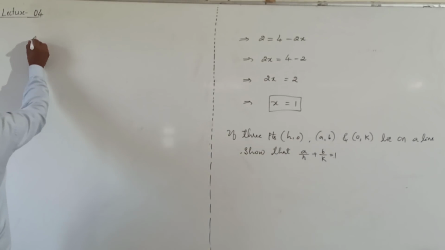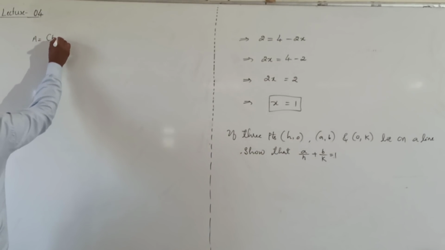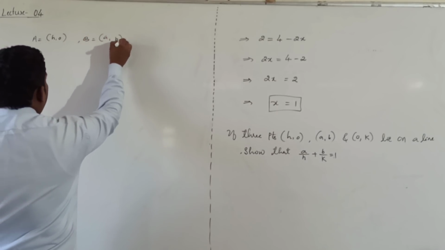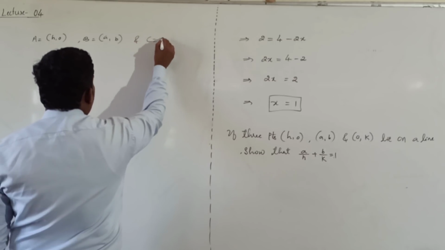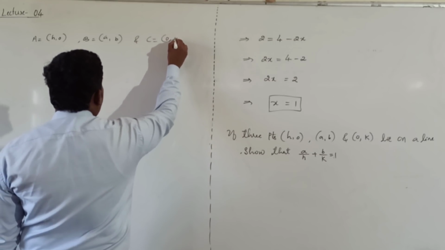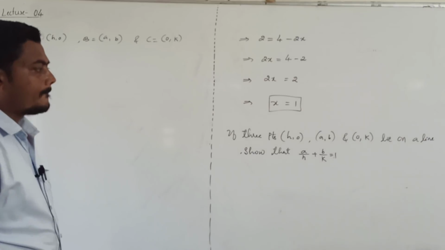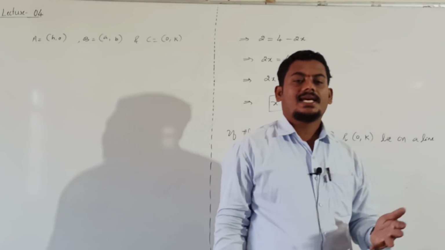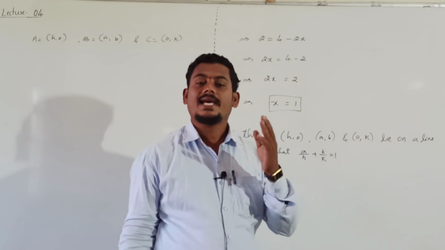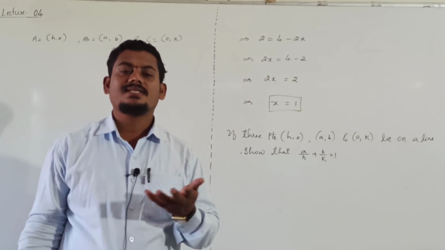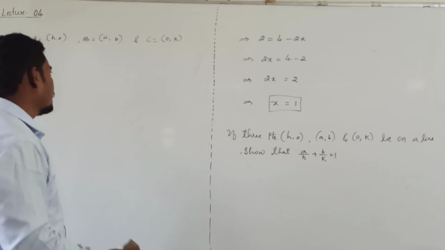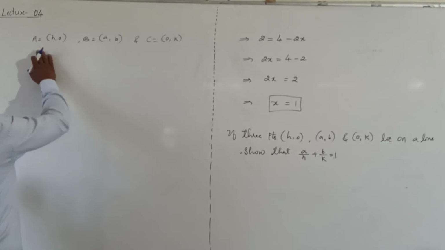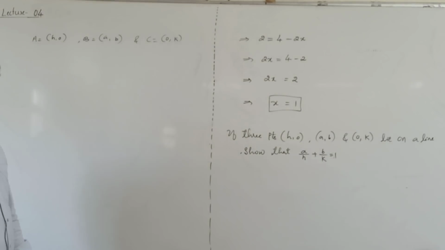I will take the first point A as (h, 0), second point B as (a, b), and third point C as (0, k). 3 points are said to be collinear if they lie on the same line.